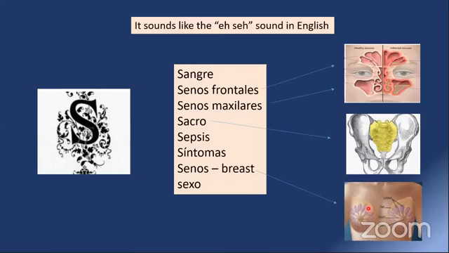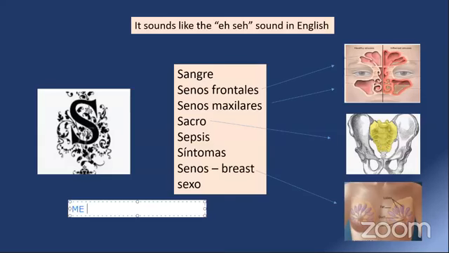So pay attention when your patient is saying, me duele los senos, you don't know what they are talking about. It can be the frontal sinus, the maxillary sinus. They could be talking about the breast. So you always have to ask.